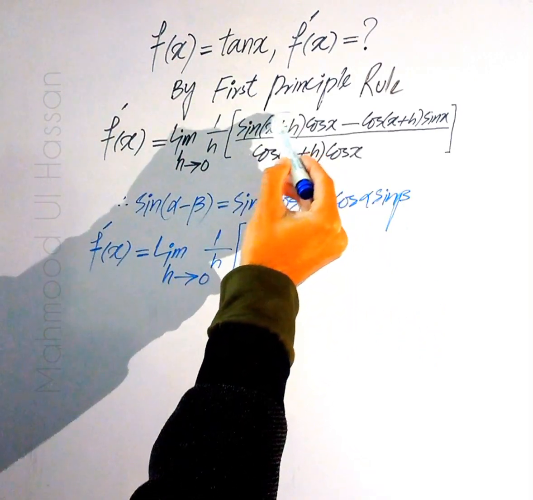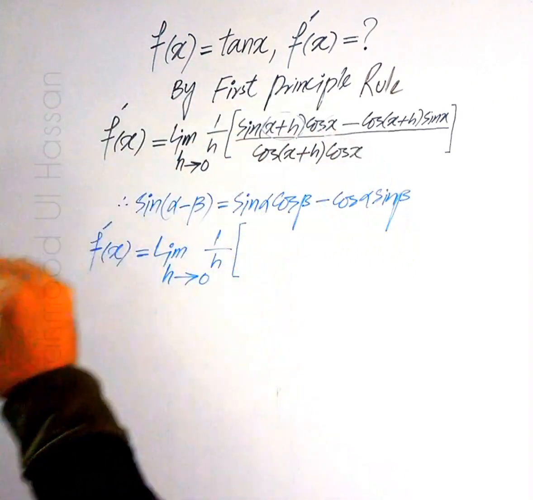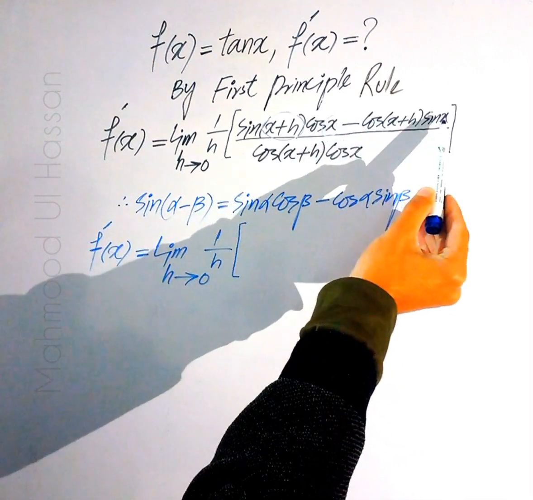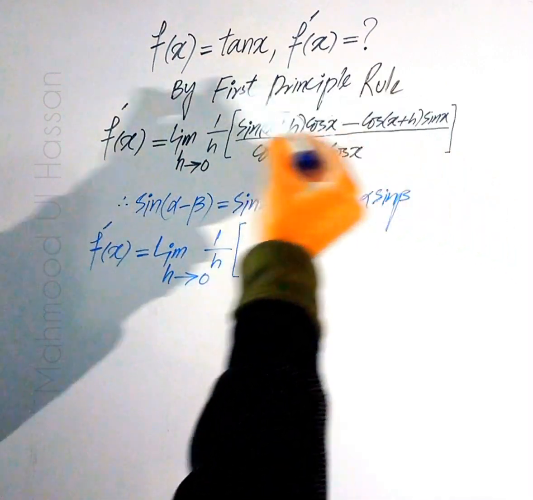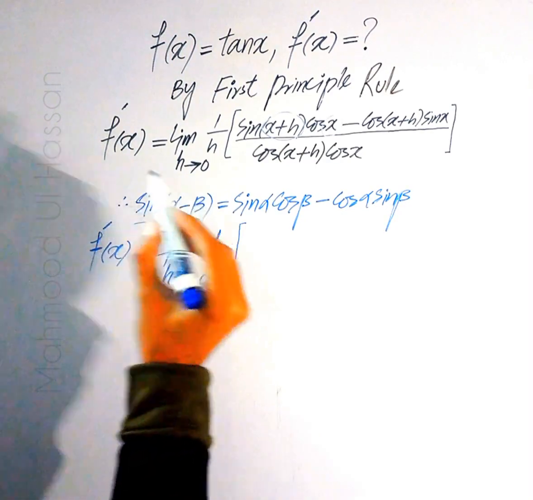Consider x plus h as our alpha and x as our beta, then sine alpha cos beta minus cos alpha sine beta, so this whole numerator will become sine of alpha minus beta.